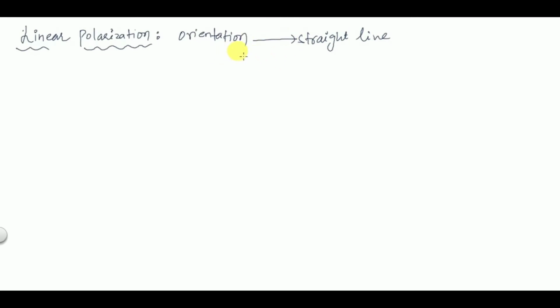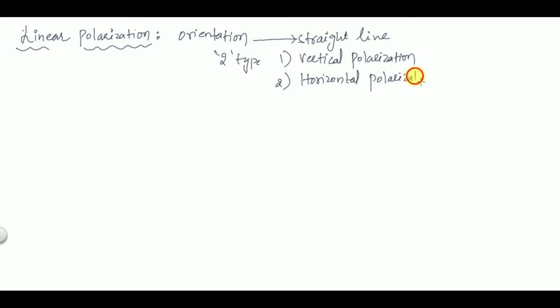Linear polarization is classified into two types: one is vertical polarization, and the second is horizontal polarization.